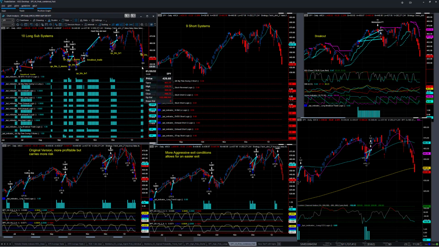We currently have one open trade here on one of the 12 long subsystems. Remember, that's part of the risk management. For me, trading these systems, I don't put all my money into one subsystem. I have it divvied up to allow for multiple long subsystems to trigger in case I need it.